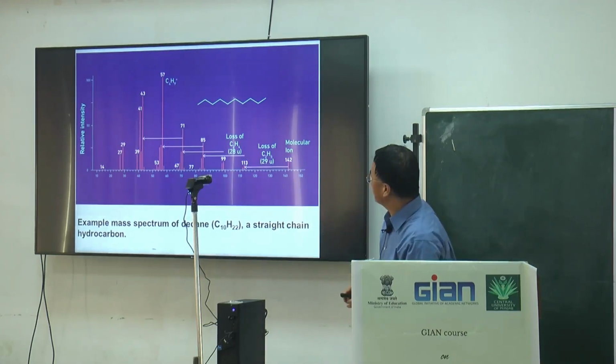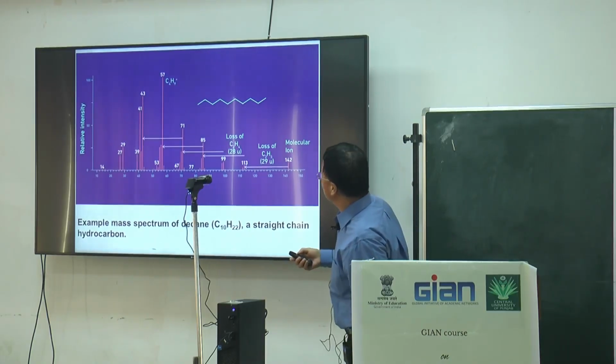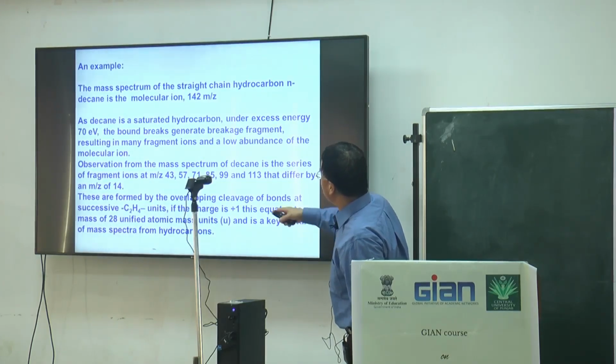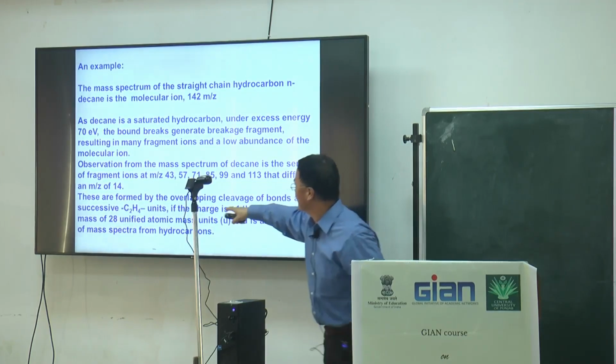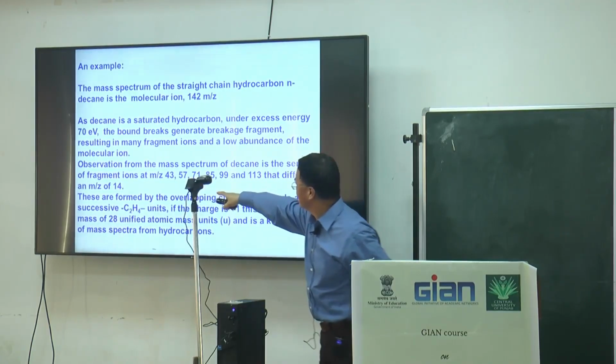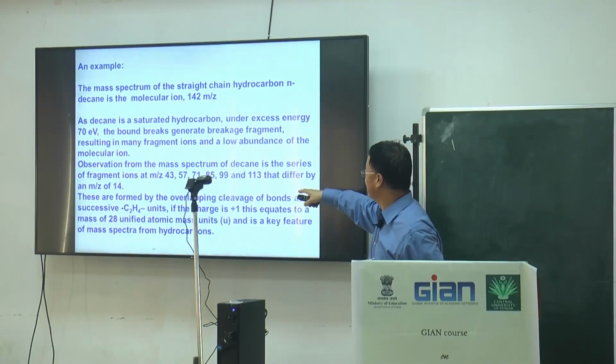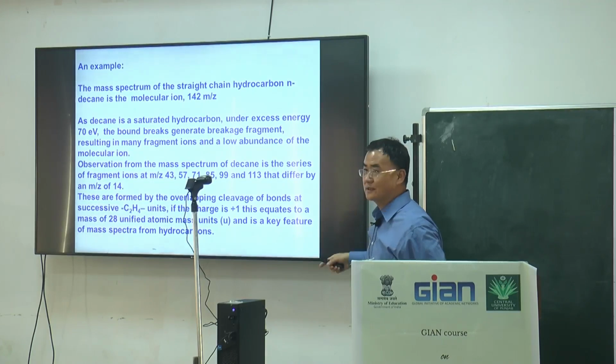But then you can see the basic pattern: you can see the regular 29, 43, 57, 71, and 85, 99, and 113.